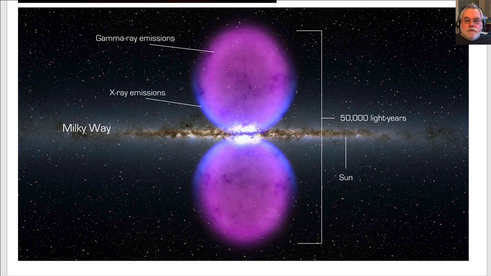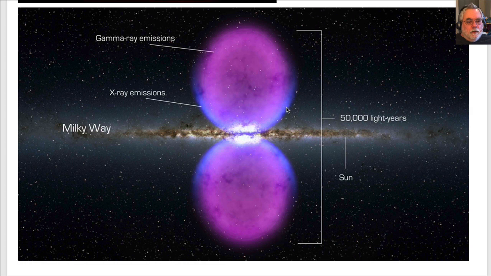Though the Milky Way supermassive black hole does not seem to have strong jets currently, the core of the Milky Way galaxy has produced huge gamma ray and X-ray Fermi bubbles, the size of the galaxy, out of the plane of the galaxy, as shown in this artist's conception.